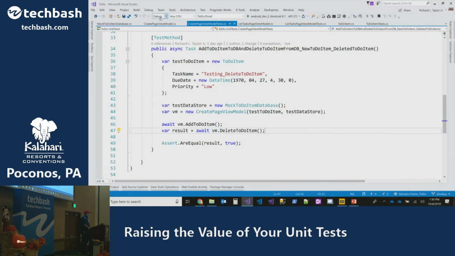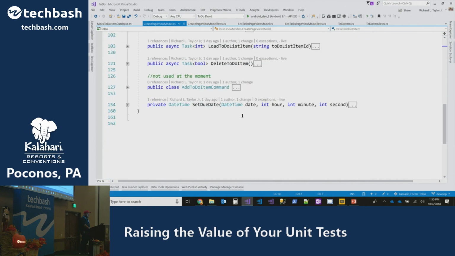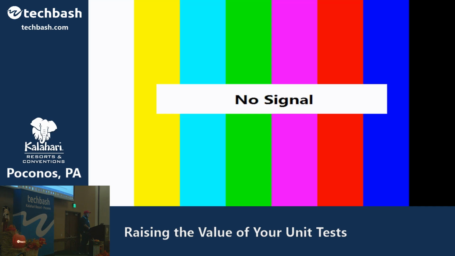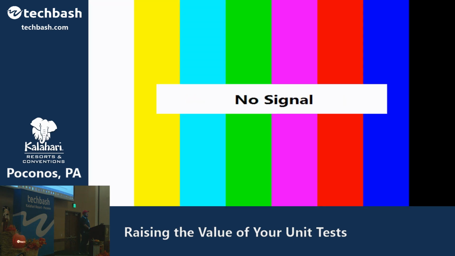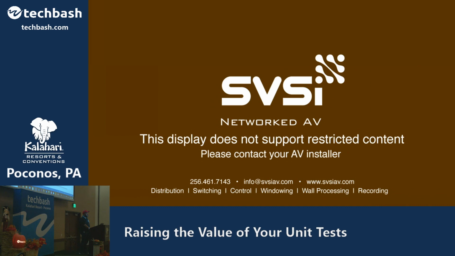And if we look at my delete method on my view model, you see what happens is it's an async call, but the end result is that I get a task of bool, and I await it over here, which gives me something to test with. So that's how I'm testing that.